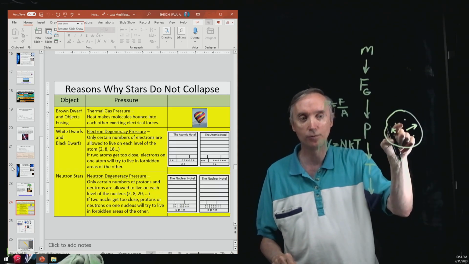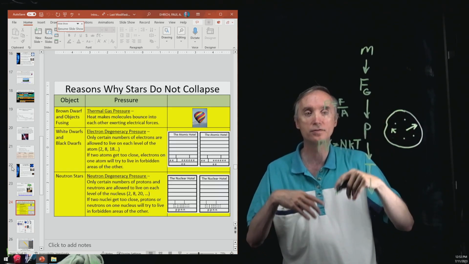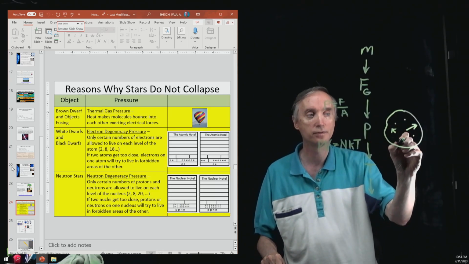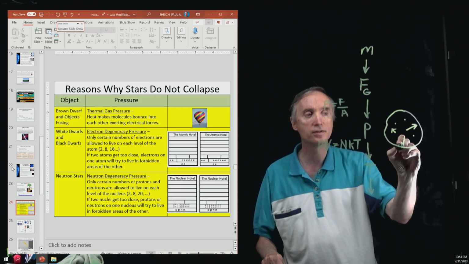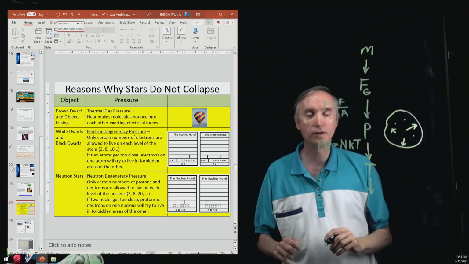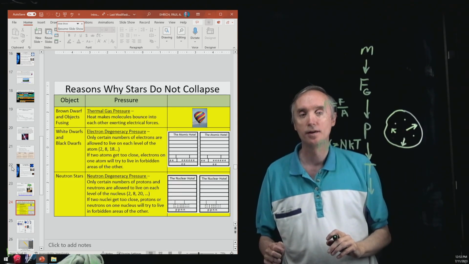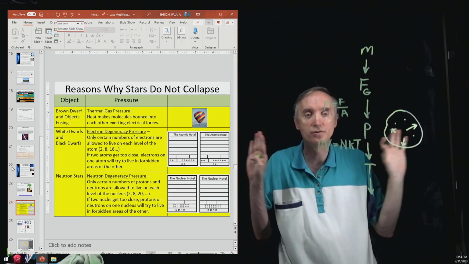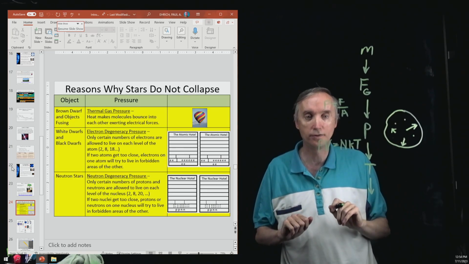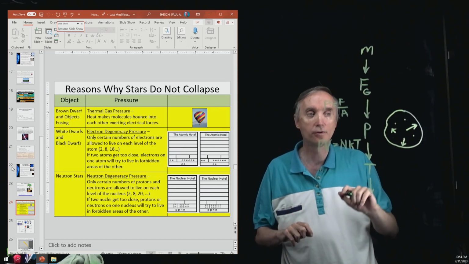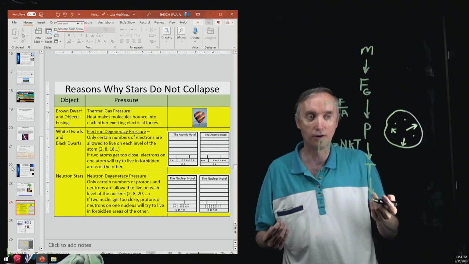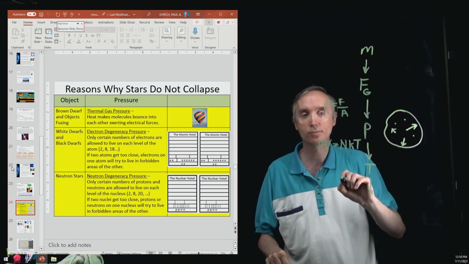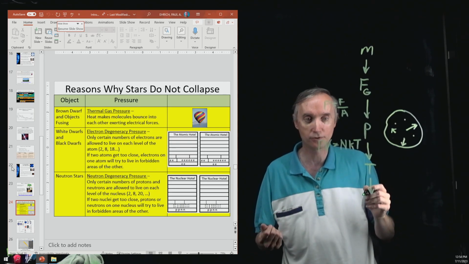So I'm indicating that with arrows. A big arrow means it's moving really fast. A little arrow means it's not moving so fast. So all of these air molecules are moving in different directions, and when they hit the sides of the balloon, they're exerting a force on the balloon, and they're exerting a pressure on the balloon. So we're going to call this thermal gas pressure. It depends on the temperature.